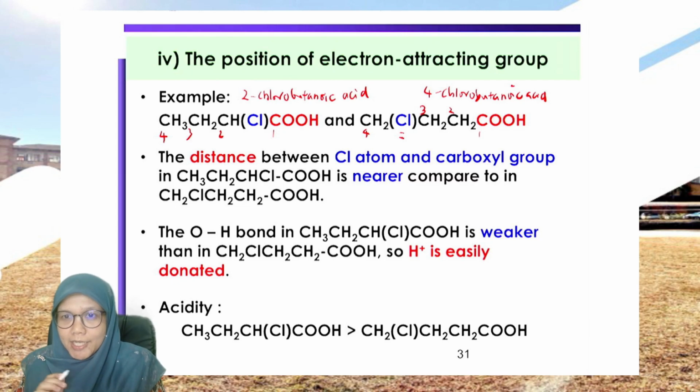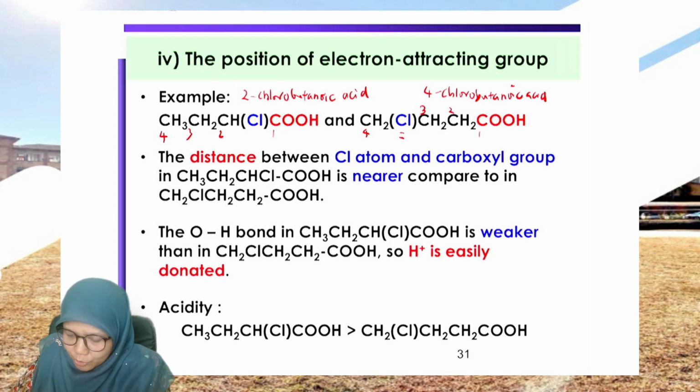Okay, kita lihat. The distance between chlorine atom and carboxyl group in 2-chlorobutanoic acid is nearer compared to in 4-chlorobutanoic acid. Okay. So, kalau lagi dekat tu maksudnya lagi kuatlah pengaruh EWG group tu. Okay. Akan attract elektron itu.